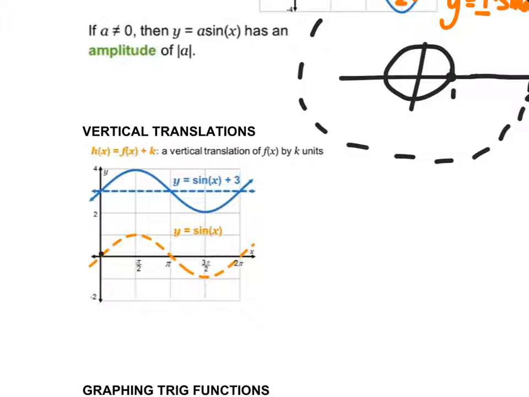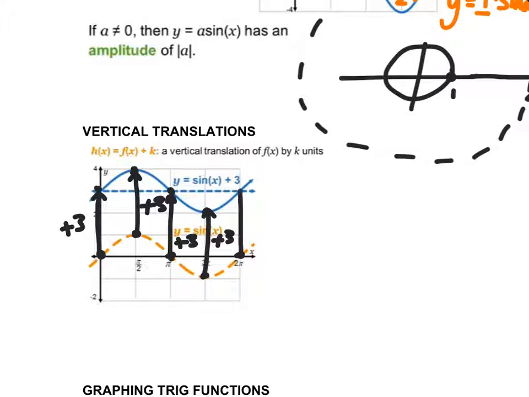If you look at all the different points on this sine graph, you're just going up by 3 units each time, okay? That's pretty standard, something that we've seen quite a bit. All right, so let's practice.